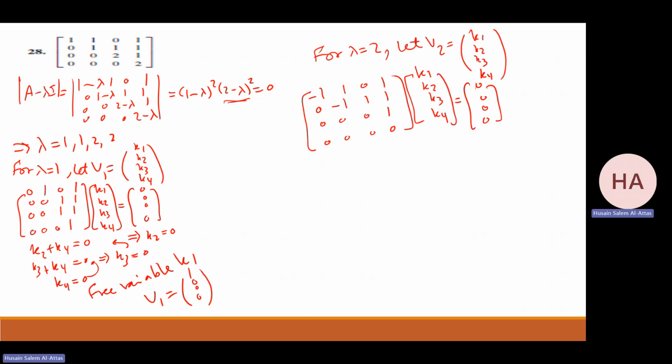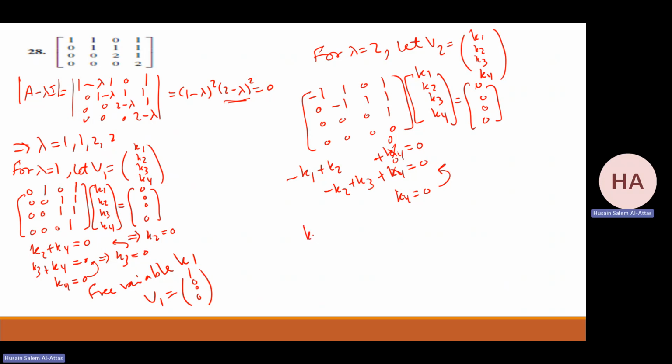Let me see what will happen. I have minus K1 plus K2 plus K4 equals 0, minus K2 plus K4 equals 0, minus K2 plus K3 plus K4 equals 0. The last one, K4 equals 0. If K4 equals 0, plug it in, so this will be 0.